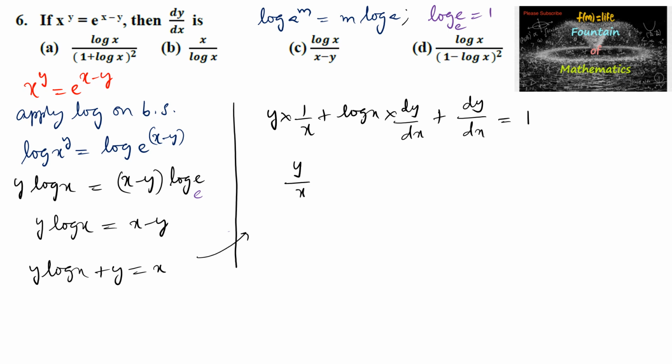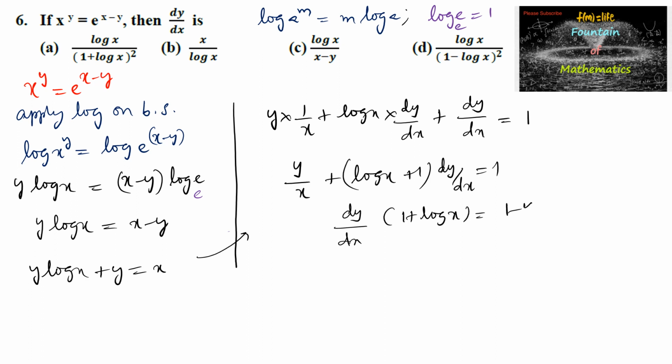So we can write y upon x plus log x plus 1 times dy by dx is equal to 1, or we can write dy by dx times 1 plus log x is equal to 1 minus y upon x, or we can write x minus y divided by x.